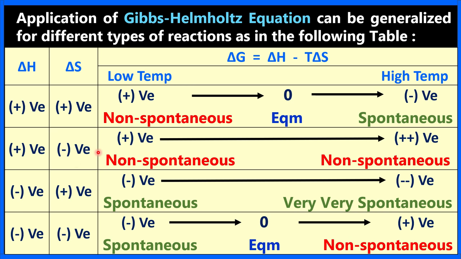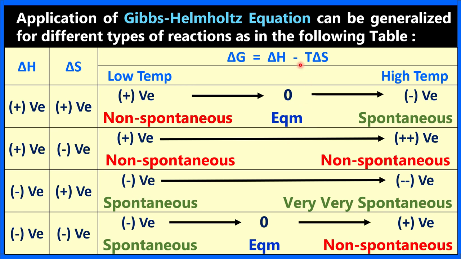For the third kind of reaction, in which delta H is negative and delta S is positive, using this equation, as delta H is negative and delta S is positive, at low temperature we know that delta H is greater than T into delta S. So according to this relation, the value of delta G becomes negative at low temperature, so the reaction is spontaneous.